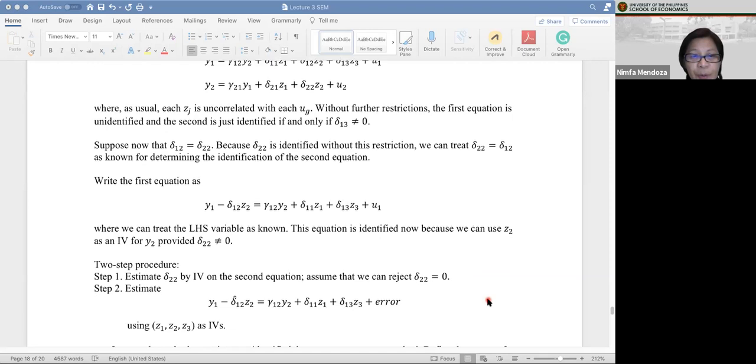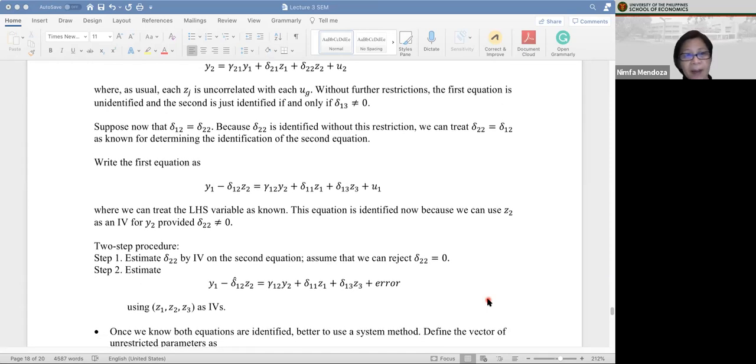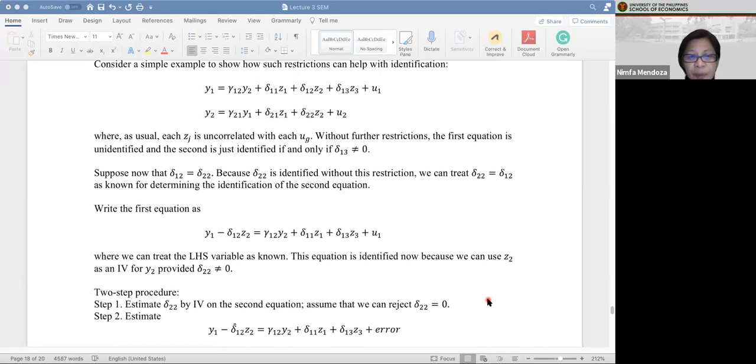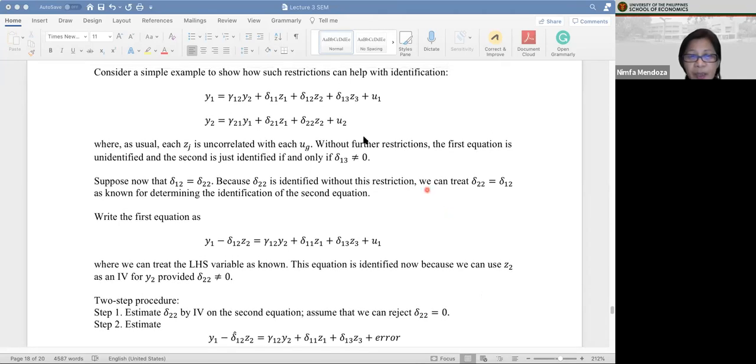So we have a two-step procedure. First, estimate delta sub 2,2 by instrumental variable on the second equation. So first estimate the second equation, and you can do that by instrumental variable where you use z sub 3 as the instrument for y sub 1.